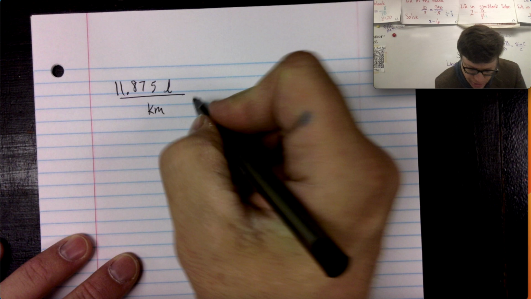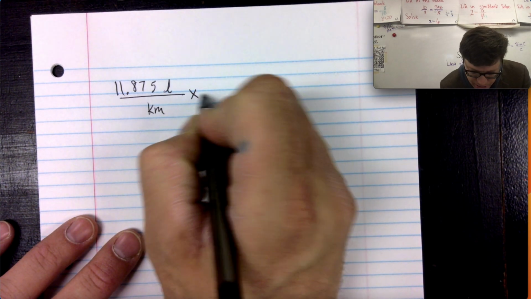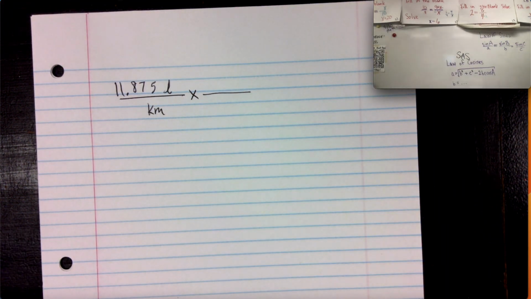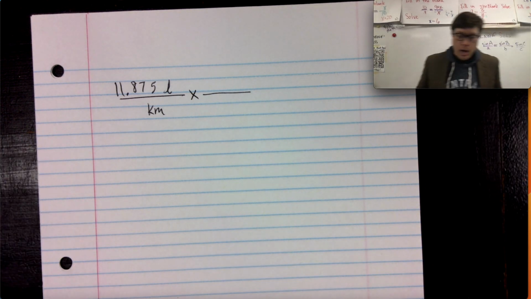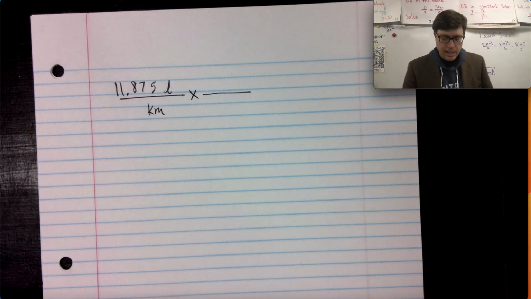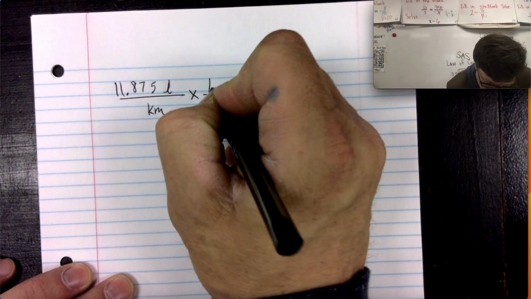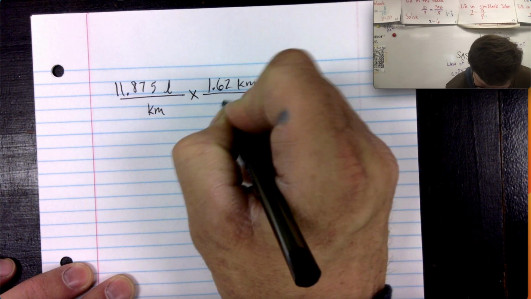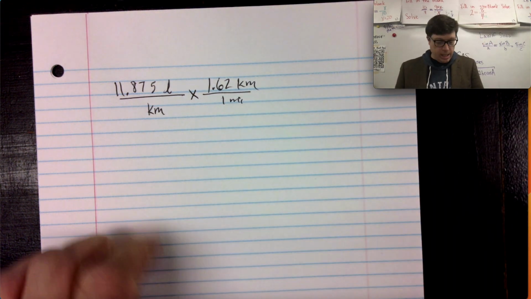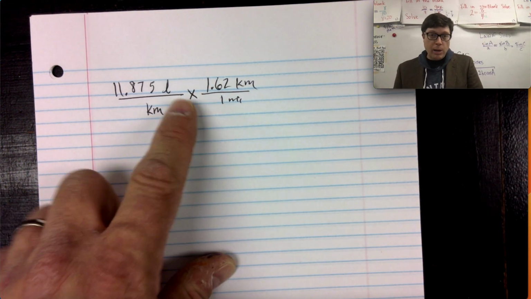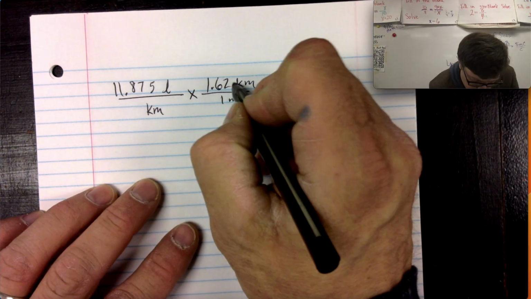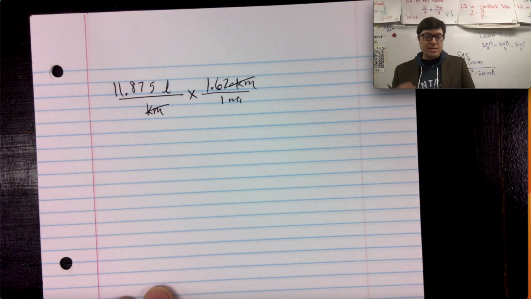Okay. So to do this, first of all, I need to know some conversion factors. The number of kilometers in a mile is about 1.62. So multiplying our original fraction by 1.62 kilometers per mile allows us to cross and cancel out.